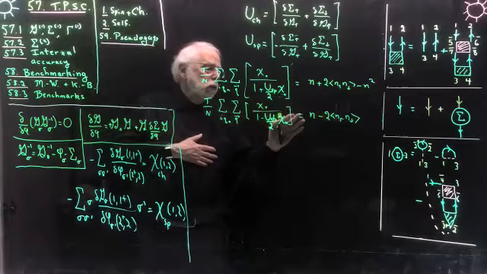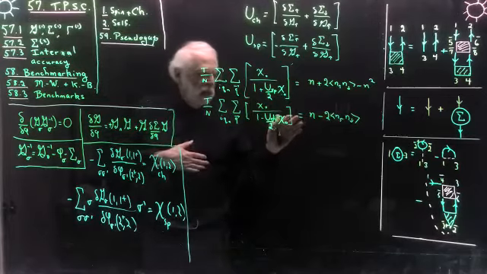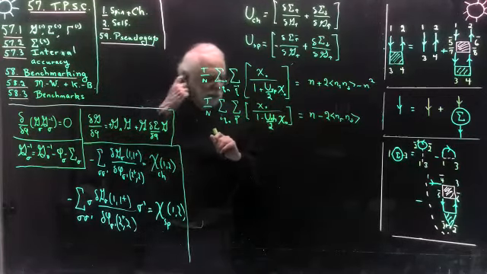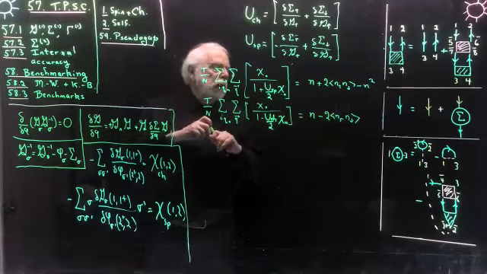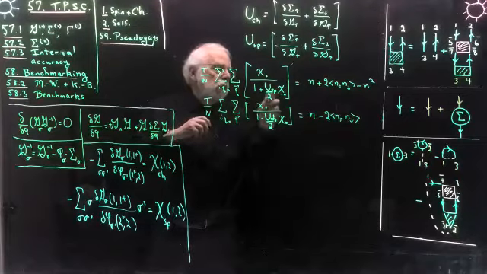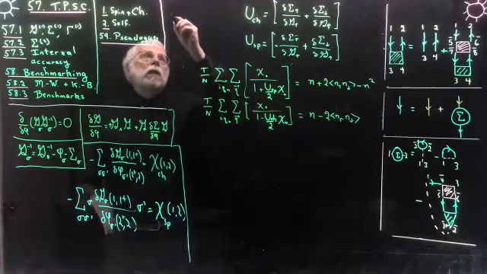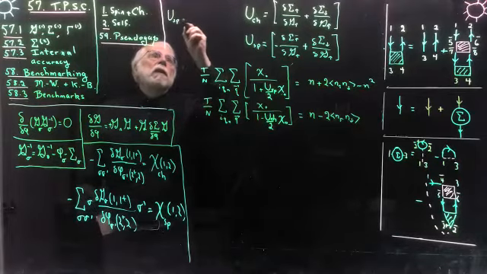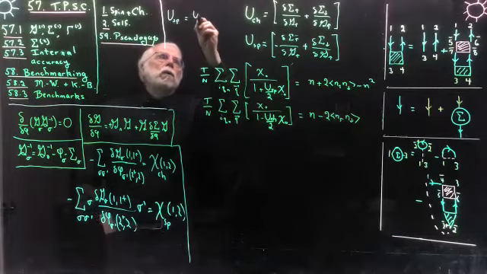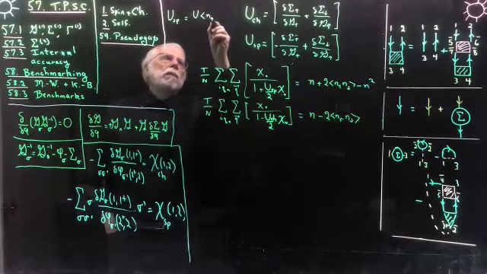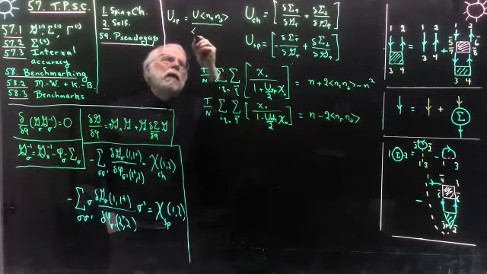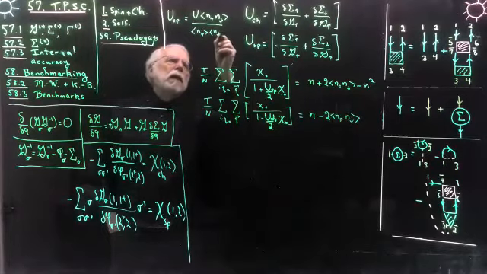Now I'm going to show you how we manage to get another equation to solve this, and the result will be that U spin is equal to U times the expectation of N up N down, divided by the expectation of N up times the expectation of N down.